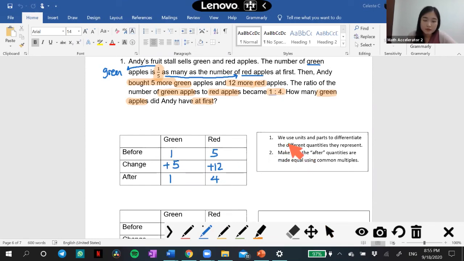Okay. So what do we do here? Do you have anything unchanged, green and red? No, right? The green, you have added 5, and then for the red, you added 12.